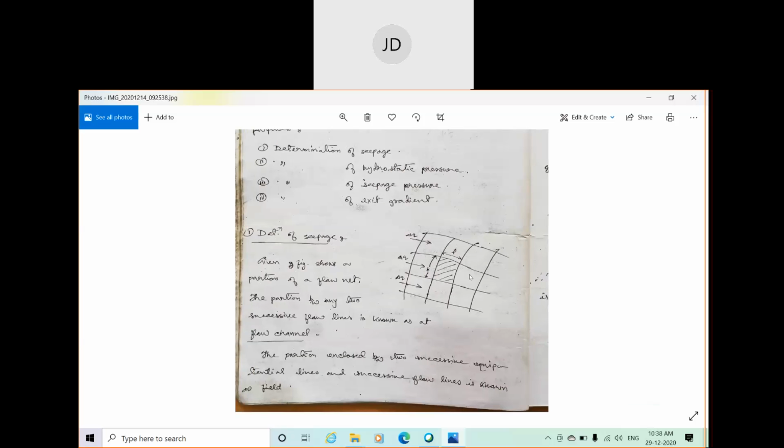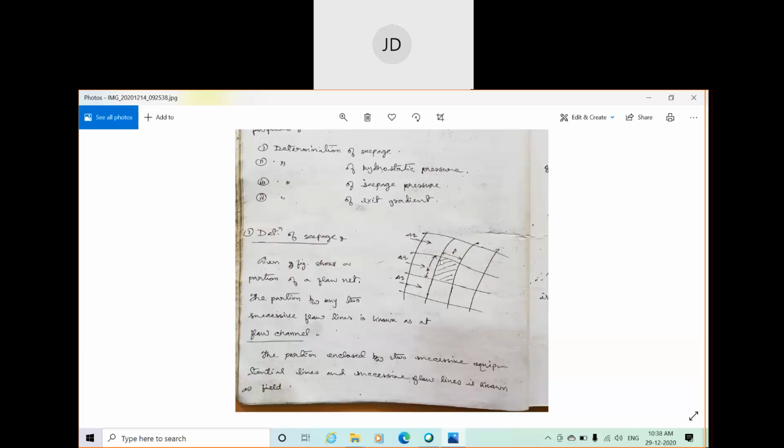So as per Darcy's law, Q is equal to KIA. If I consider the first one, delta Q is equal to KIA. K will remain constant for one direction. I will be delta H by L, the hydraulic gradient, and A will be your cross-sectional area.